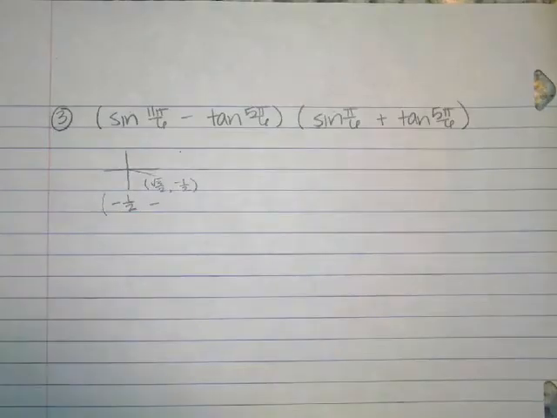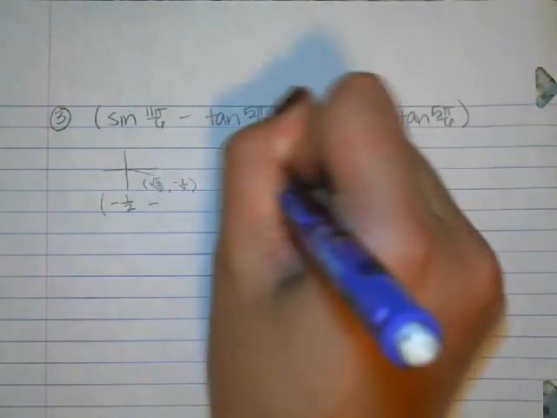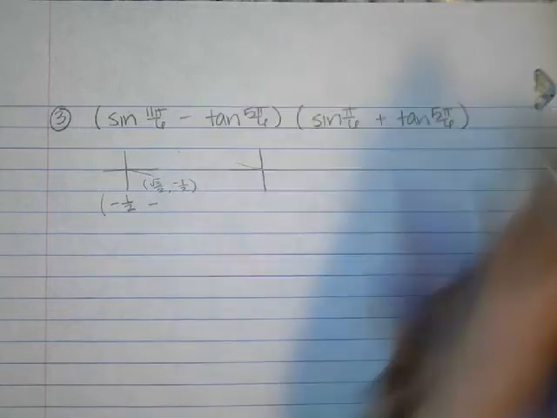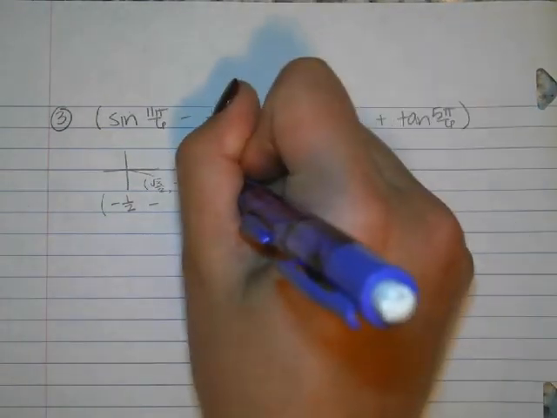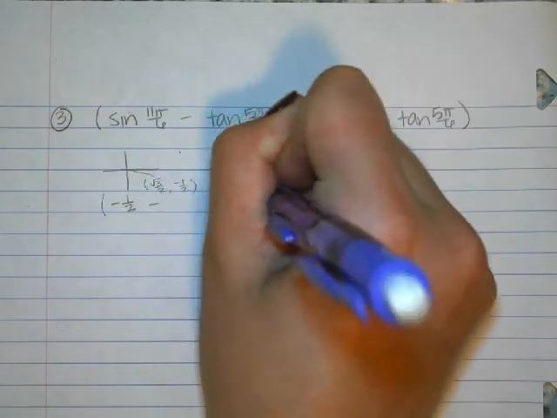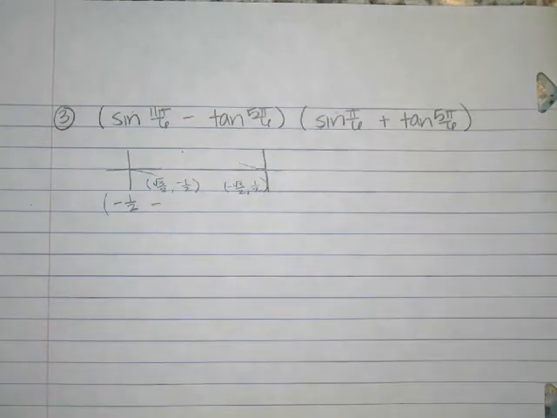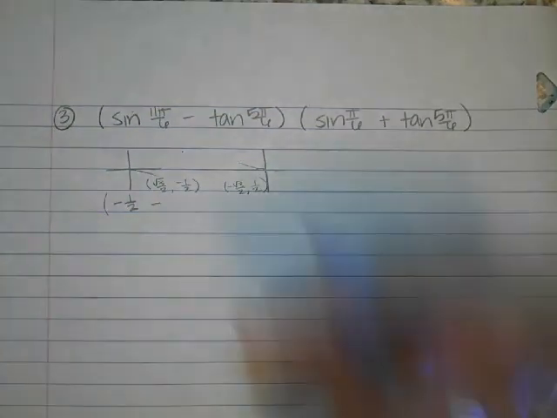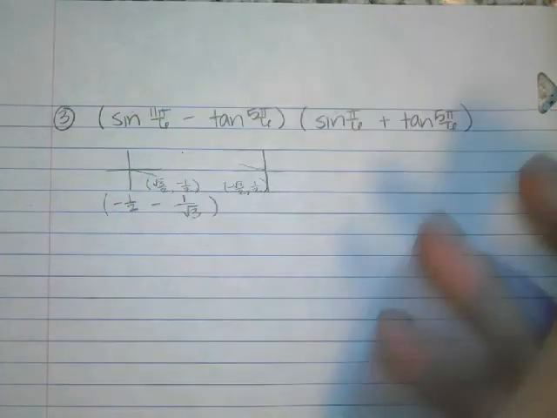Minus. And then 5 pi 6 is just a little bit less than 1, so that's left a lot, up a little bit. So left root 3 over 2, up 1/2. And so that would be 1 divided by negative root 3. I'm going to go ahead and write 1 divided by negative root 3 right there.